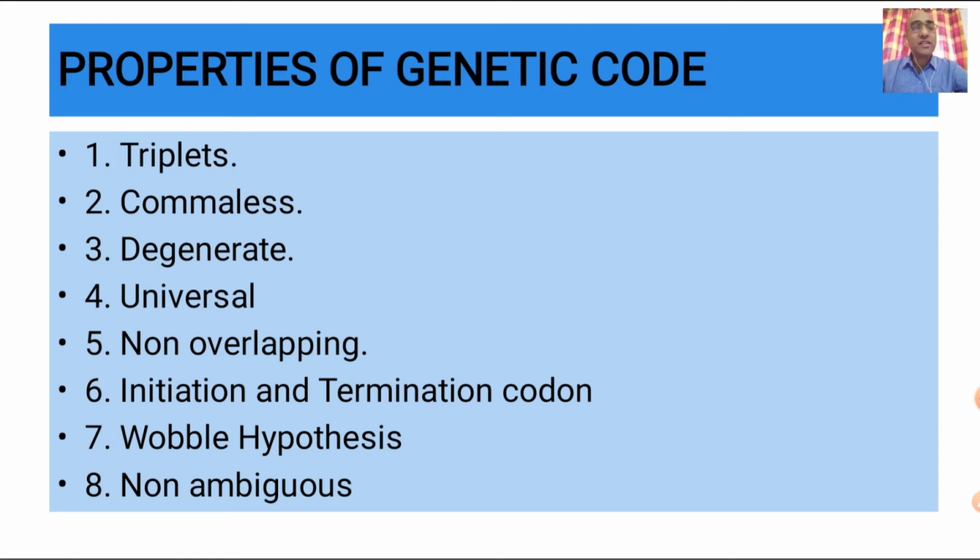Then there is the wobble hypothesis, which gives a peculiar character to the genetic code, and it is non-ambiguous. So these are the 8 properties we will study. Let us start with the first one.